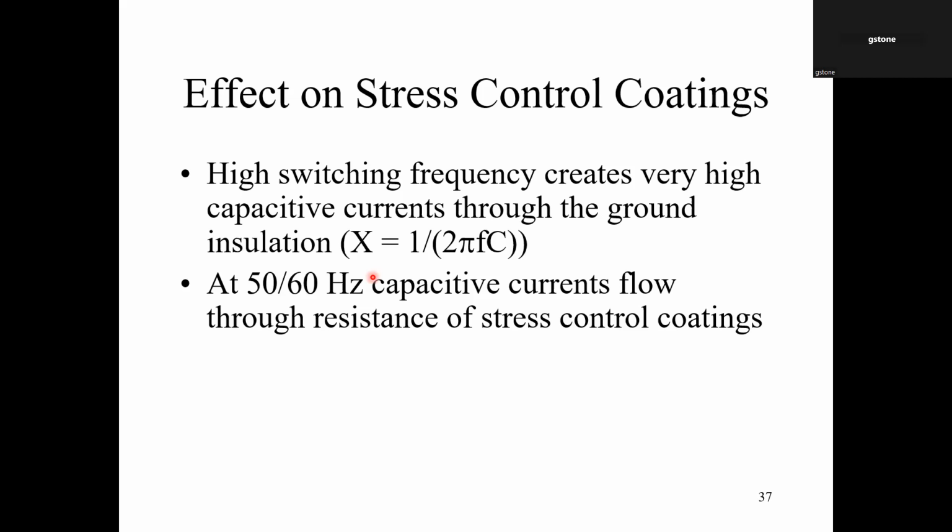Okay, and it turns out when we have these very high frequency components, megahertz components hitting specifically the silicon carbide coatings, but even the semicon coatings, current really doesn't want to flow through those coatings because they have a relatively high resistance unless they've been purposefully designed for this application. So it really is, again, focusing on the capacitive currents that flow at a megahertz as opposed to what happens at 50 or 60 hertz.